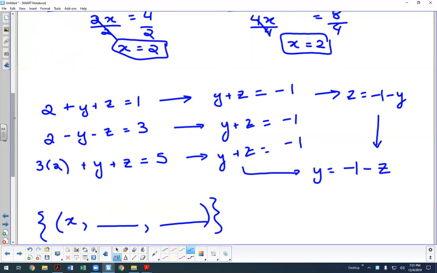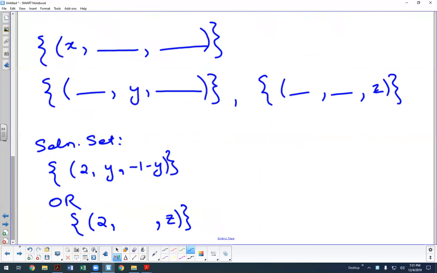So we get y in terms of z. So are they asking us to write this equation in terms of y? Are they asking us to write the equation in terms of z? Sometimes all three of them can be unknown values, so they can also write the whole equation in terms of x. It just depends, but since we had a static value for x here, we obviously need to write x equals 2, but then the other two variables can be both in terms of y or both in terms of z.